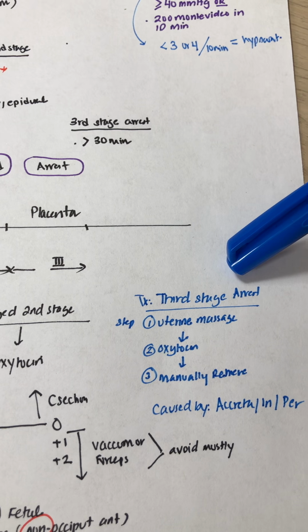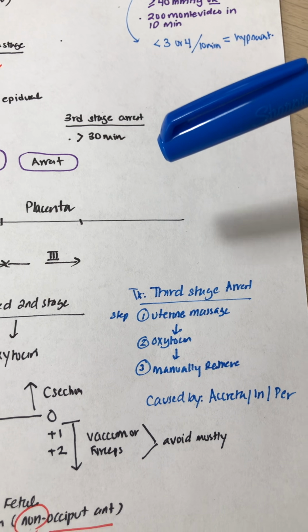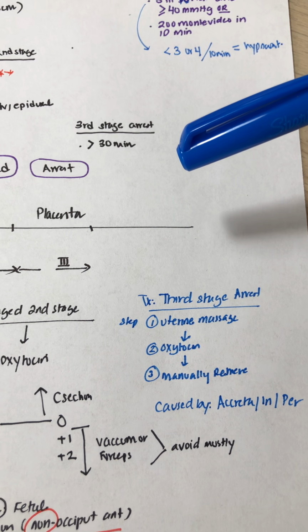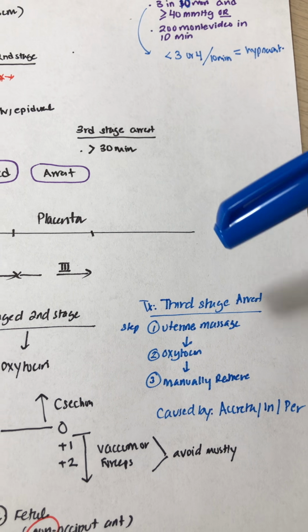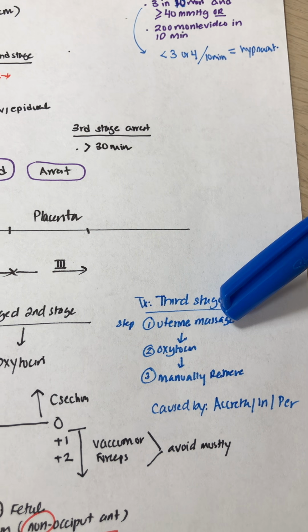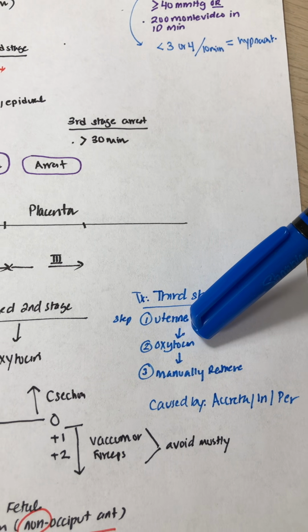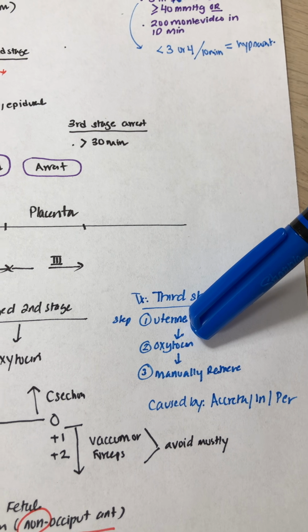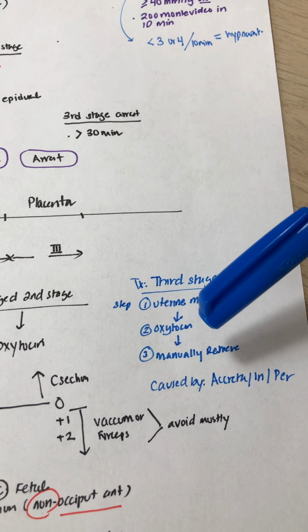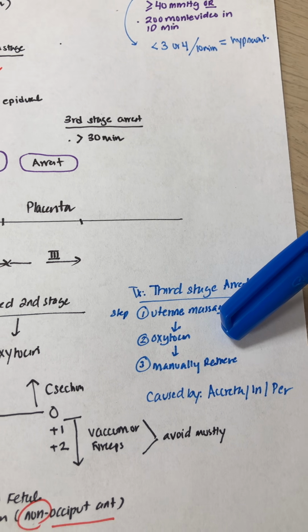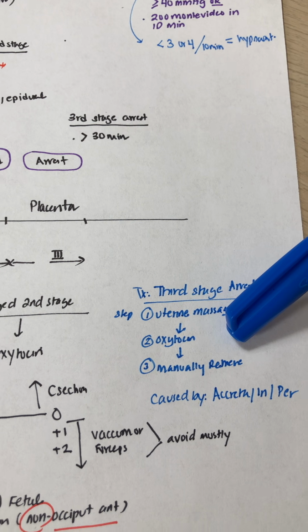It's usually caused by placenta accreta, increta, or percreta. So what you do is massage the uterine fundus and see if the placenta will come out. If not, give a little bit of oxytocin to help the uterus contract. And you can also manually retrieve after that.